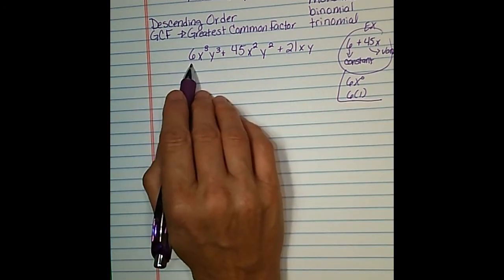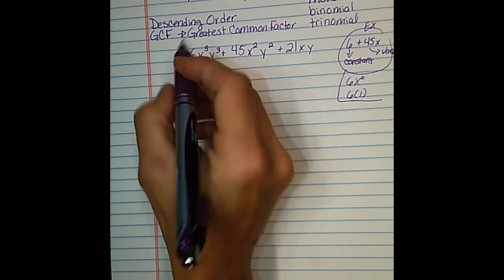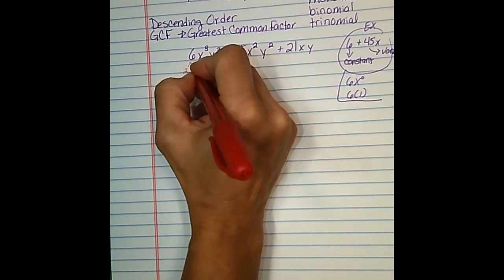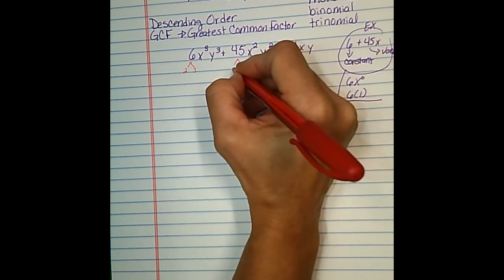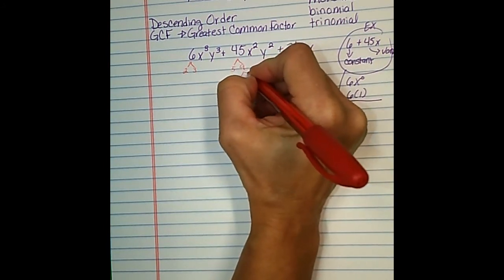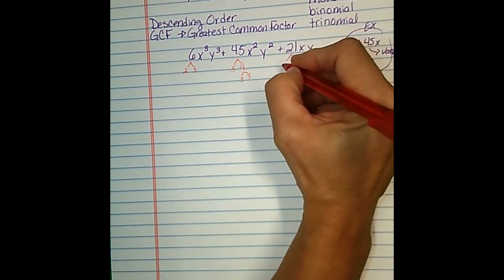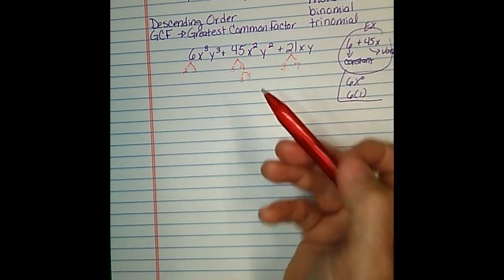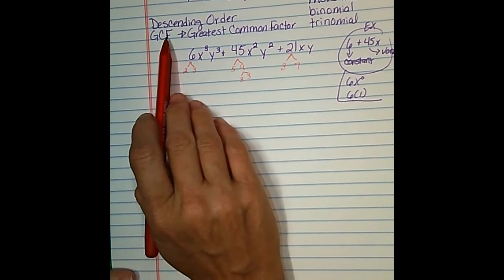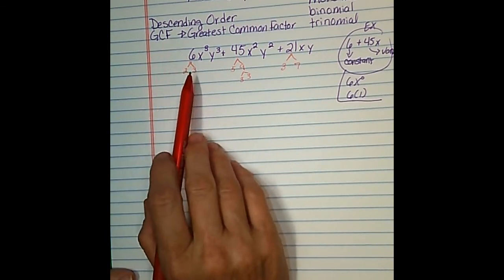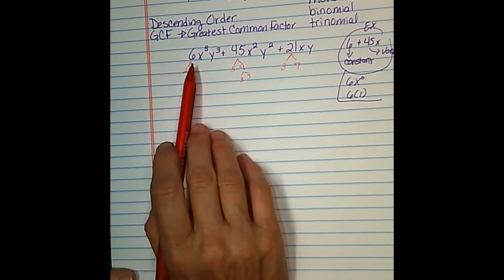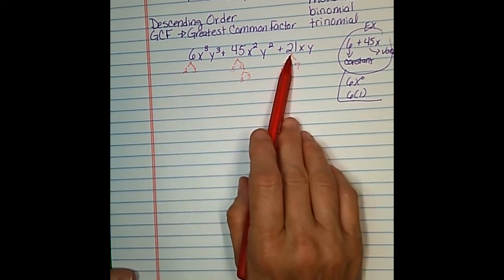But let's look at this. 6 is divisible by 2 and 3. 45 is 5 and 9, and 9 is 3 and 3, right? 21 is 3 and 7. So what I do when I ask myself the greatest common factor, I'm asking what is the largest number that I can pull out of this, this, and this.